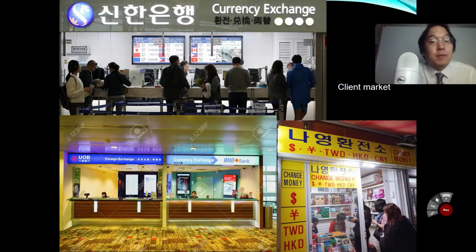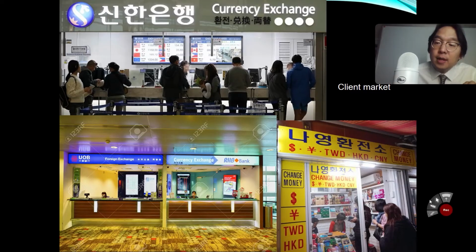And on the right-hand side is RHB, a Malaysian bank. Interesting thing is their stores are back to back with each other, so they compete quite intensively. UOB is, by the way, the third largest bank in Singapore. And Nayong Hwanjeonso is a small exchange place in Busan area.